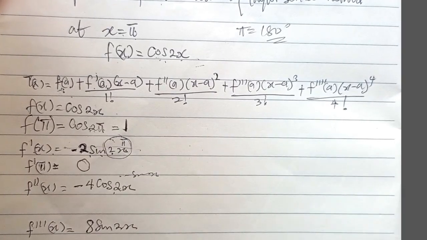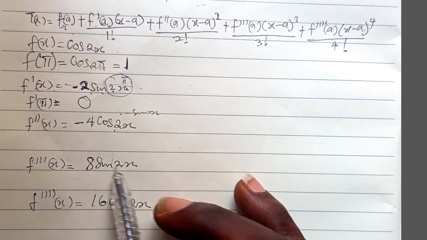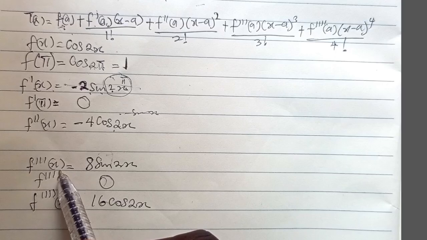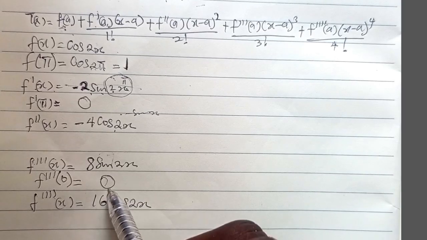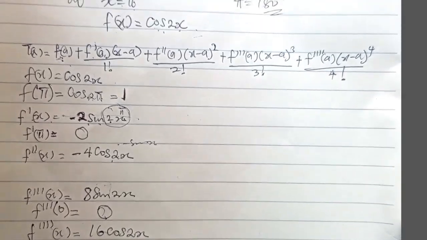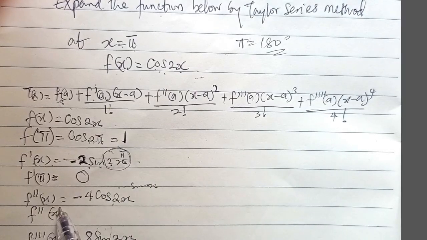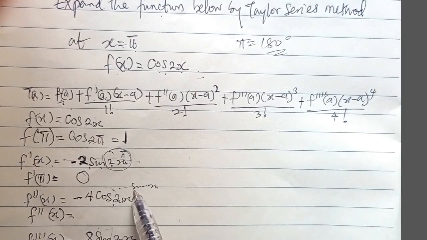In short, anyone that you have sine, it will be 0 because sine 360 is 0. This one too will be 0. That means f prime prime prime of pi is going to be 0. But anyone that you have cos is going to be 1. So this next one will be f prime prime of x. There you have cos here, Abi.